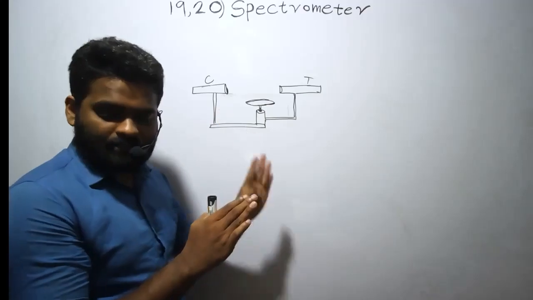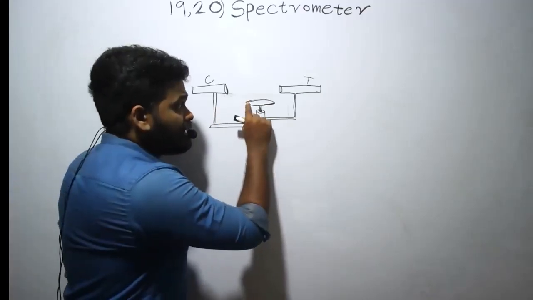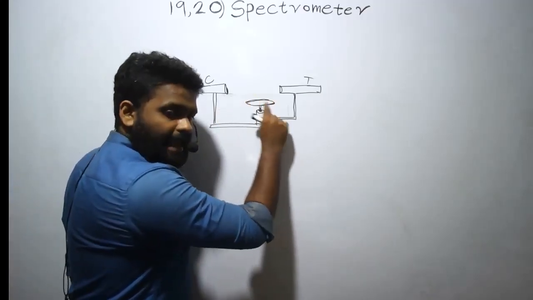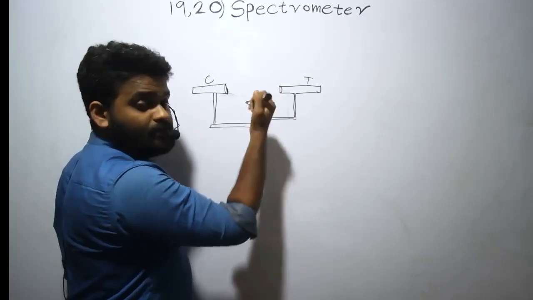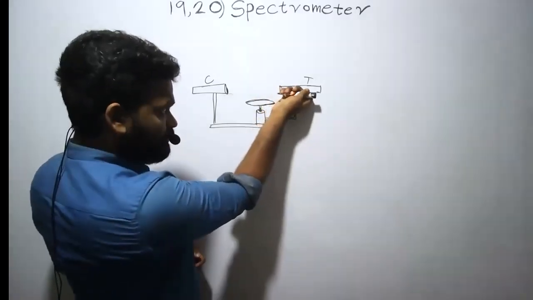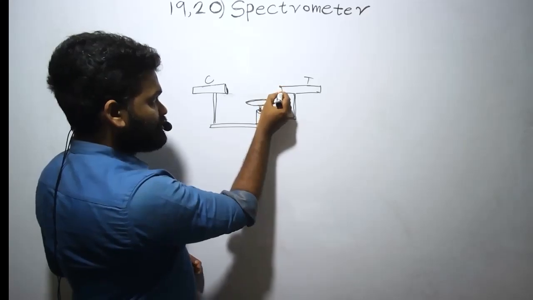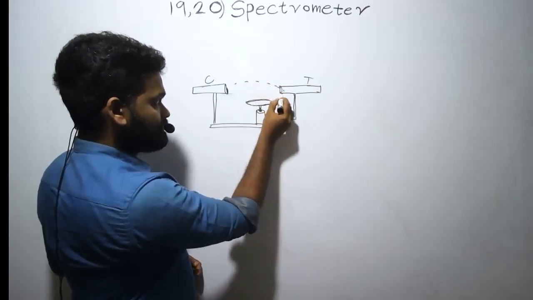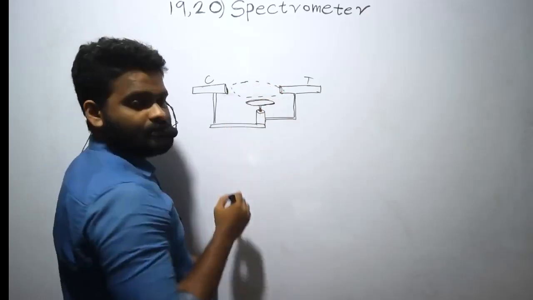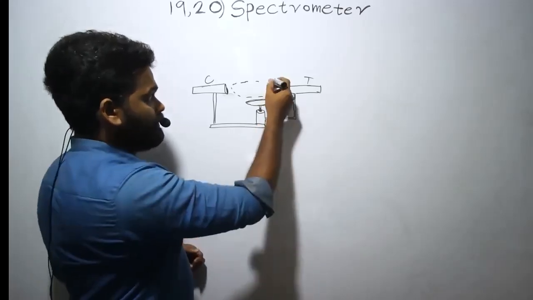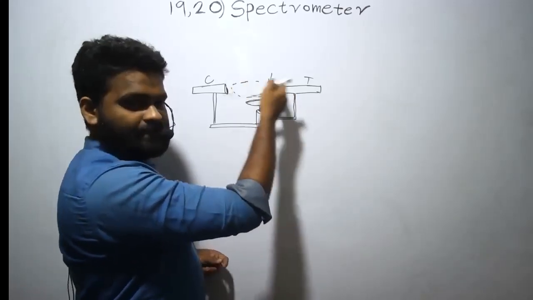Leveling the prism table means the prism table and the rotational plane of telescope. You know that the telescope can be rotated like this, right? So the rotational plane of telescope is like this. This is what we call the rotational plane of telescope. That plane is not visible, right?